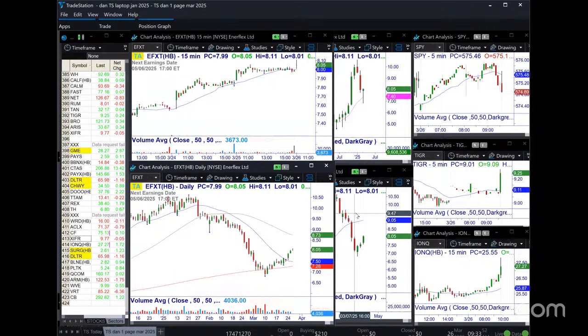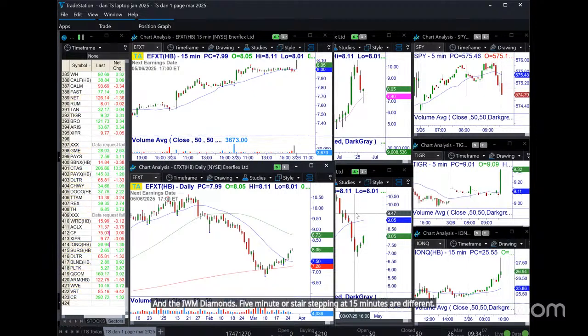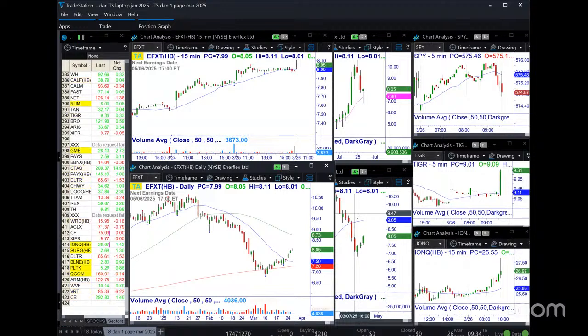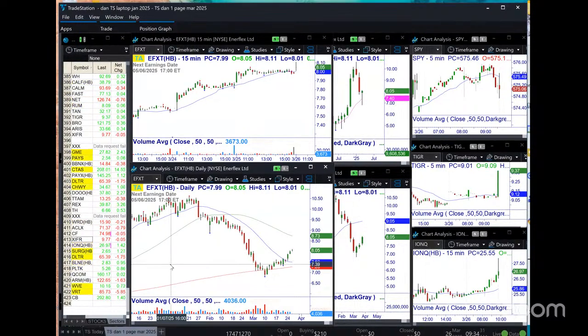Yeah, cues. We're back to the old cues and spiders stair stepping. And the IWM diamonds 5 minute are stair stepping, the 15 minutes are different. Oh, really, Alex?